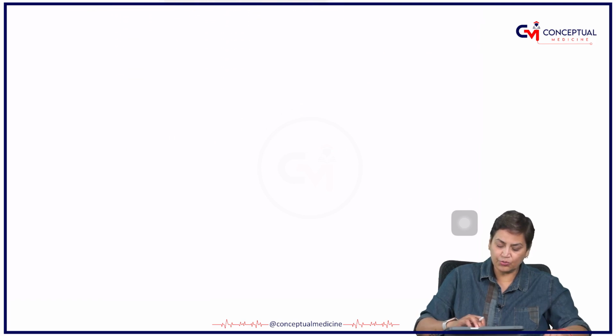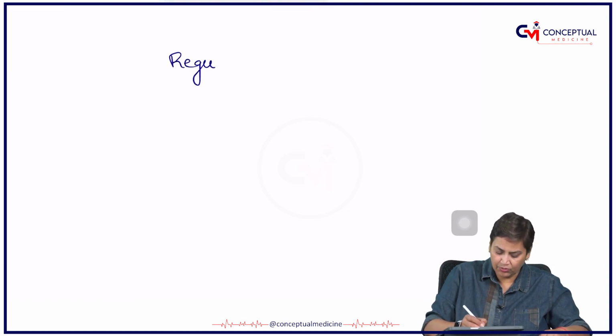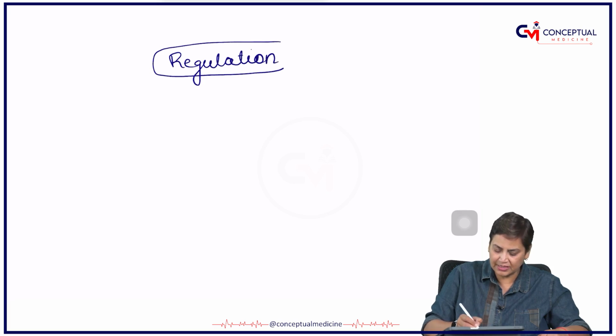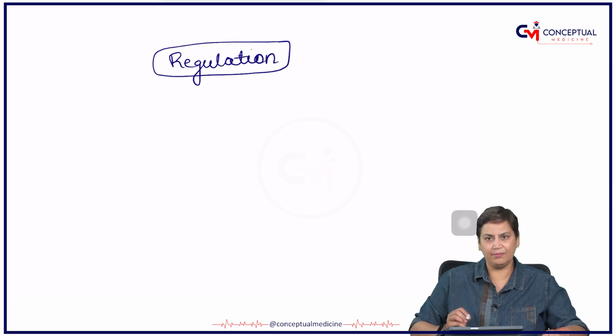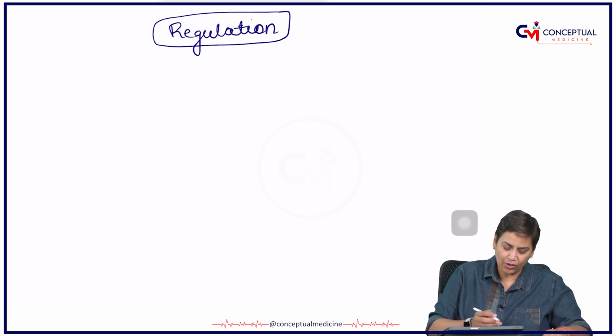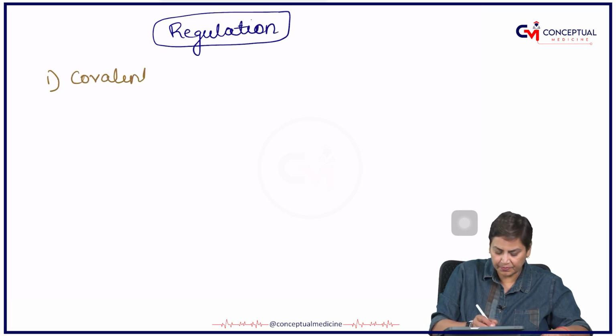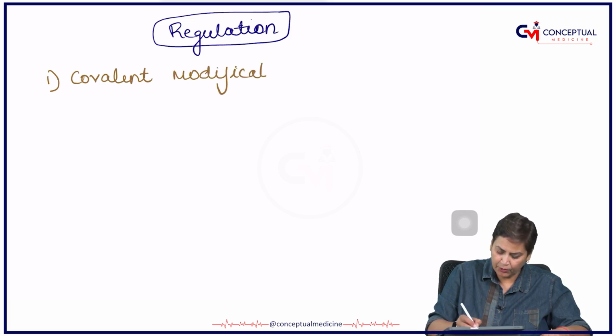After these two processes, we come over to the regulation. Regulation of these two processes is also very, very important, because we can talk on the level of, first, covalent modification, and second, hormonal regulation.